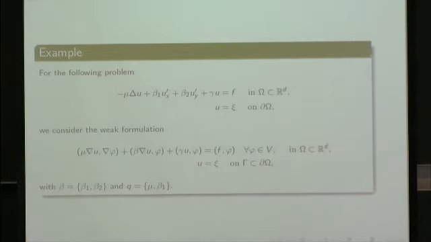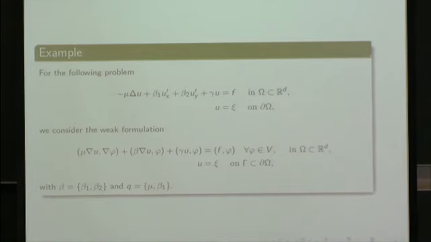So as an example, I take again diffusion transport reaction. So as parameters, I want to find the diffusion coefficient, and the transport is a vector with two components. I consider 2D problems, and I want to identify only one component of the transport, beta 1. This is the variational formulation, and I consider a design.